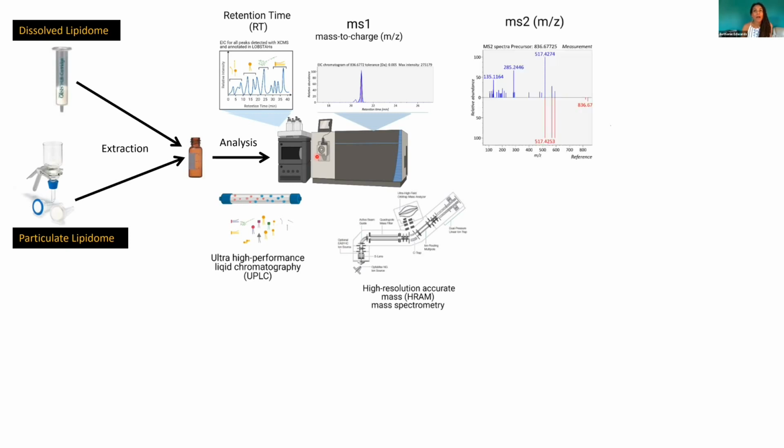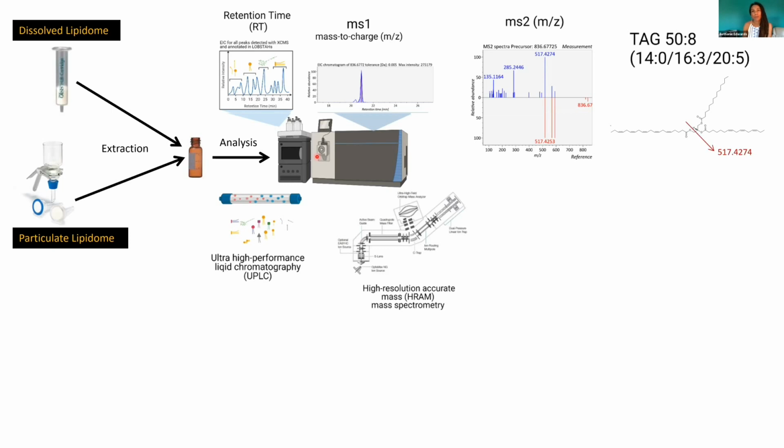We can also apply a bit of energy and fragment each compound and measure the fragments that it makes. And this is how you do annotation, or more confident annotation, by comparing the fragmentation of your compounds to spectral libraries that have fragmentation spectra for authentic standards, or in silico fragmentations that are predicted by models.